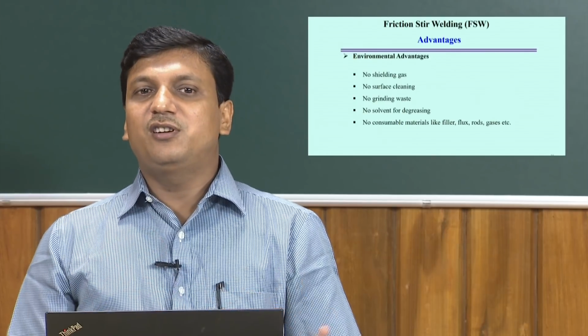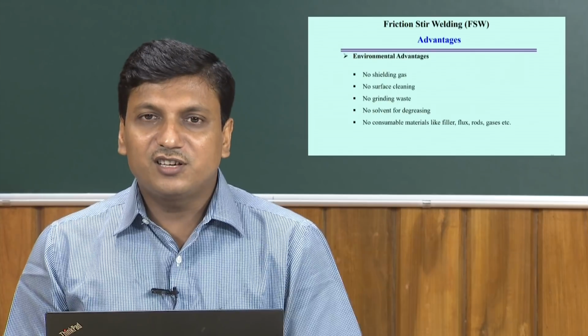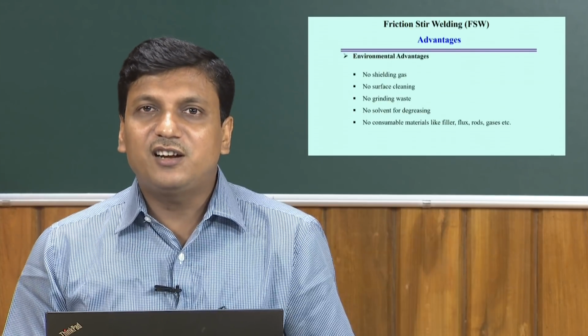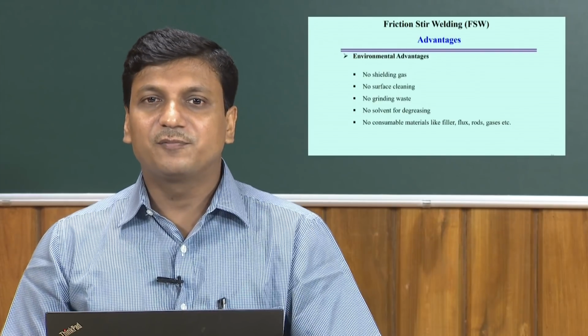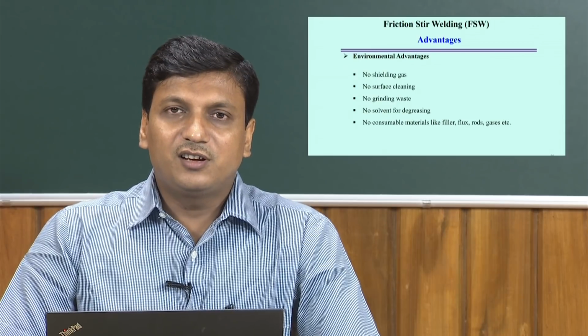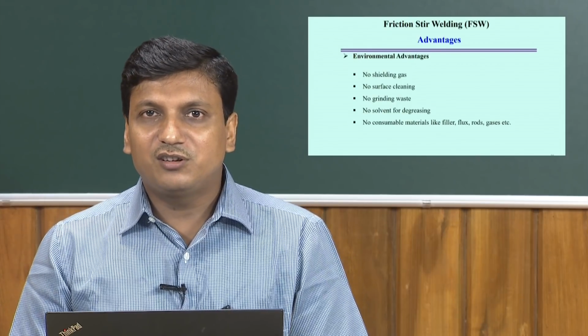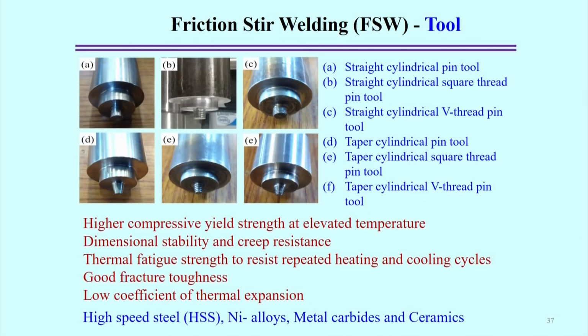These are the typical requirements of the fusion welding process. So, it is a more environment friendly process, and that is why it is called one kind of green technology.